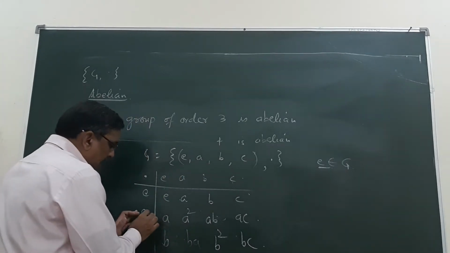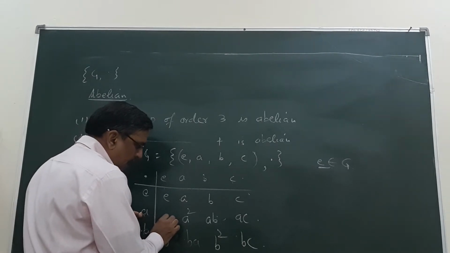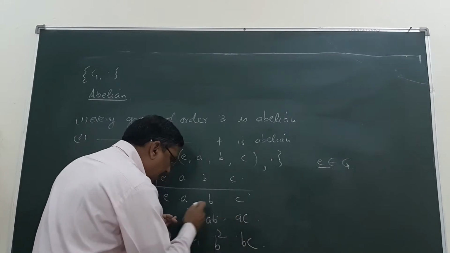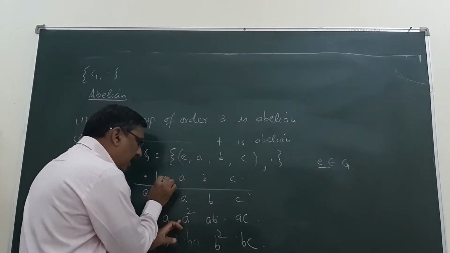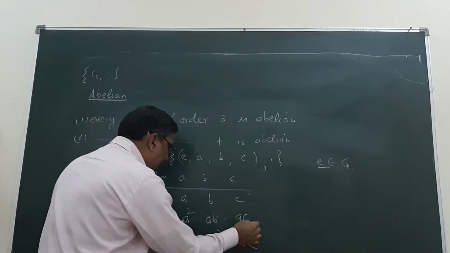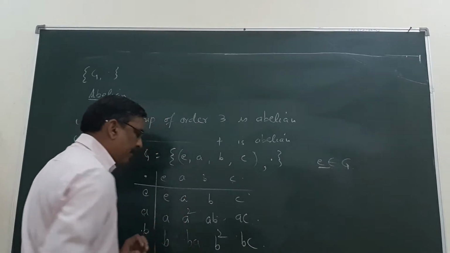For this row, a is already here, so these three elements should be e, b and c.